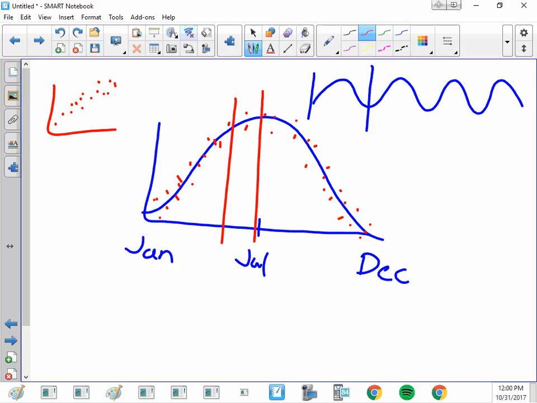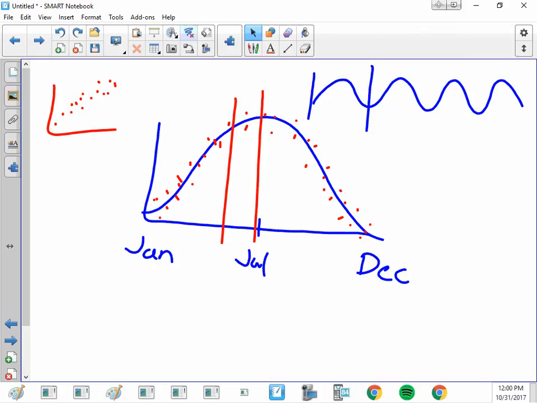Which one has a higher correlation? Definitely June. Does January to December have much of a correlation? Yes, but it's not linear. Okay? The R value only tells you linear correlation.